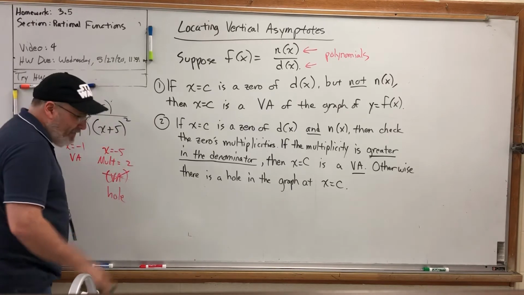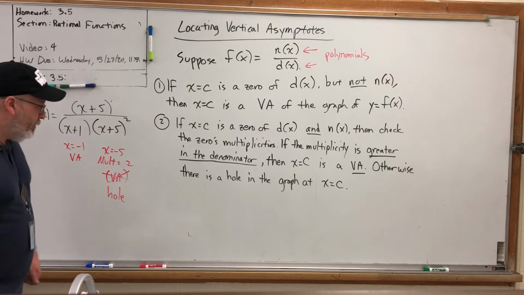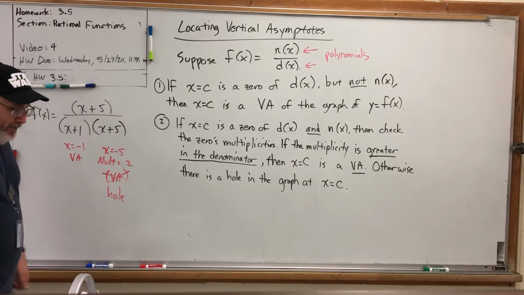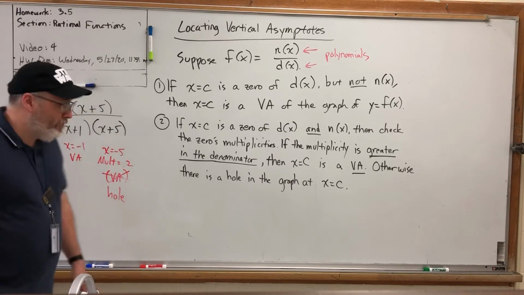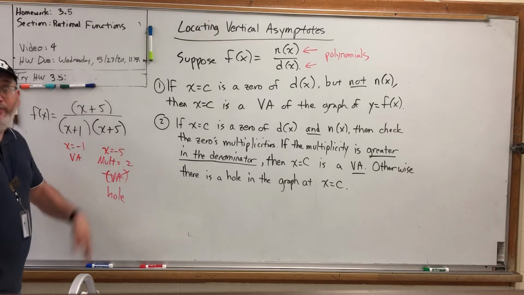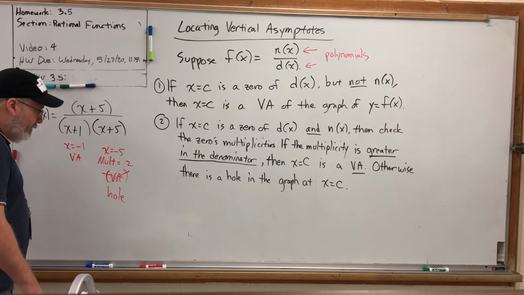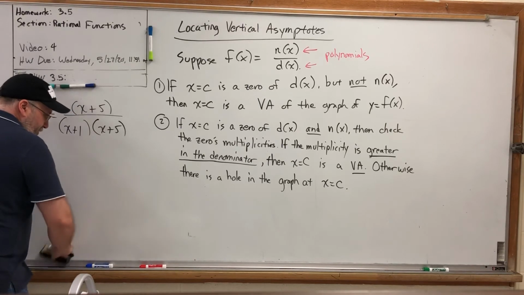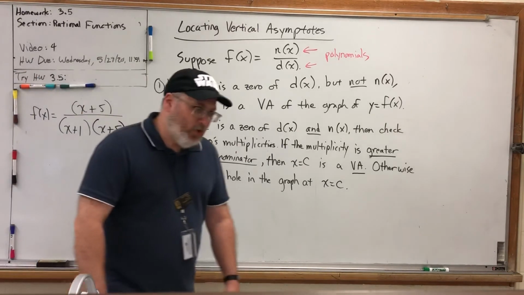Now, let me tell you the capacity in which this will be in your homework. If there is a common 0 on both sides, based on the homework problems that I had to select from, they will both be multiplicity 1, which means it will be a hole in the graph. That's why this author says if it makes both sides equal to 0, it's a hole.